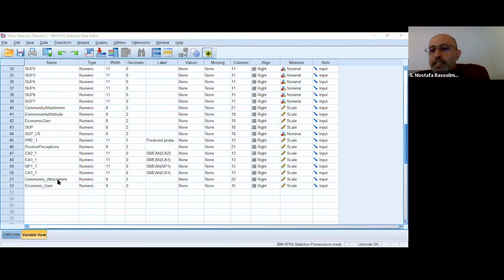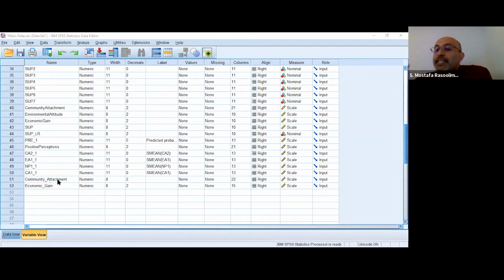For example, we know the average community attachment of a community. Here it is not very meaningful, but we just assume. The average community attachment of a specific community, between 1 to 5, is 4, right? So we want to compare and see the community attachment of our sample, our respondents. We have a few hundred respondents and we collected data for them.